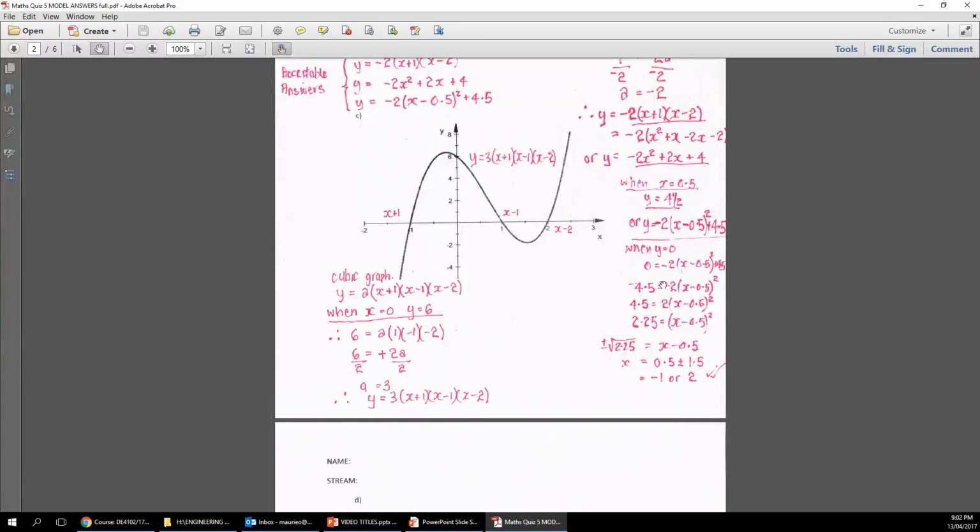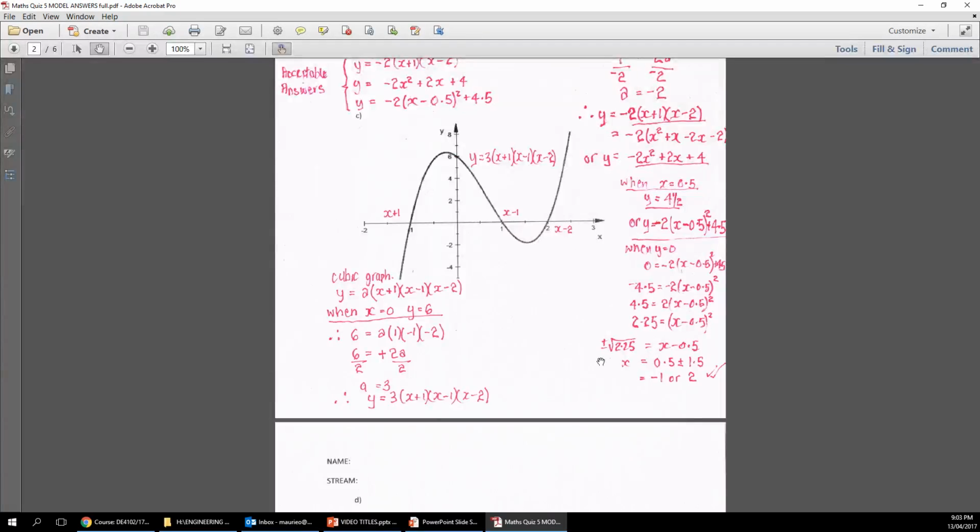When y equals 0, 0 equals negative 2 bracket x minus 0.5 all squared plus 4.5. We can take the 4.5 over to the other side and change the sign of things, just multiply everything by negative, then divide both sides by 2. 2.25 equals x minus 0.5 all squared.